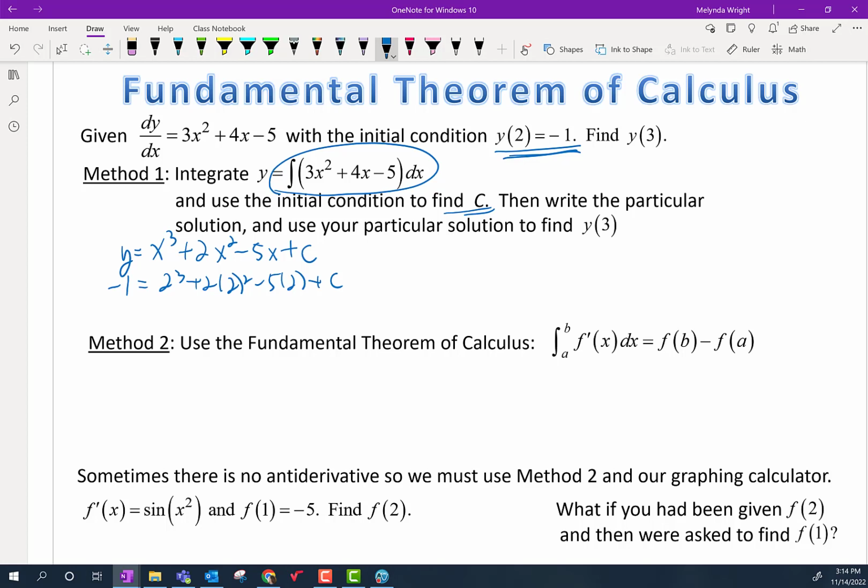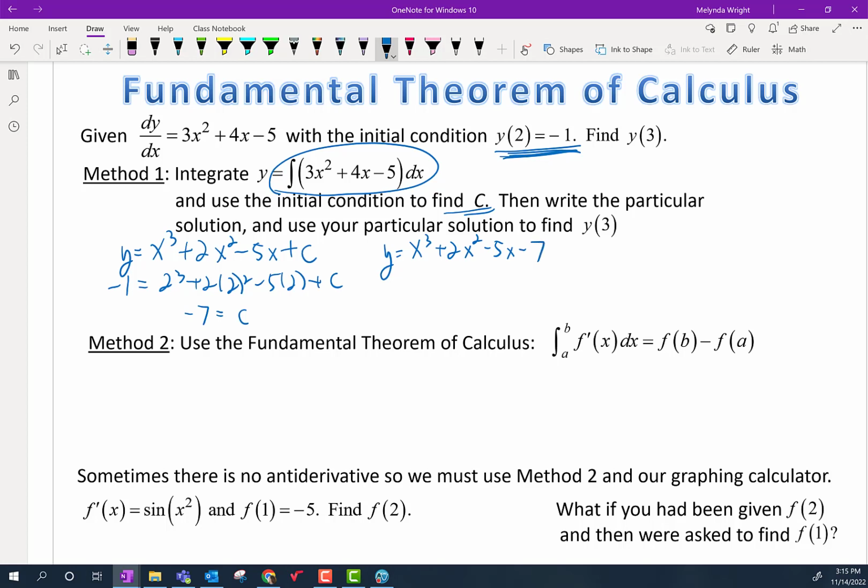Then we would do the arithmetic, and we would figure out that c is going to be negative 7. So our particular solution, the one that has the initial condition of (2, negative 1), would be y equals x cubed plus 2x squared minus 5x minus 7.